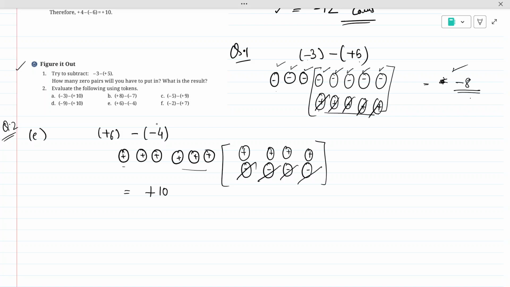After adding the zero pairs, then we have to do the subtraction of the number given to us. If it is positive, we have to subtract the positive tokens. If it is negative, we have to subtract the negative tokens, and then we have to sum up the remaining tokens. That will be our answer.